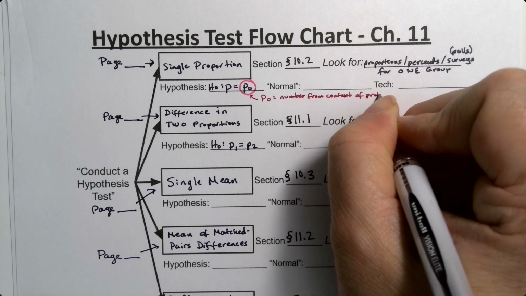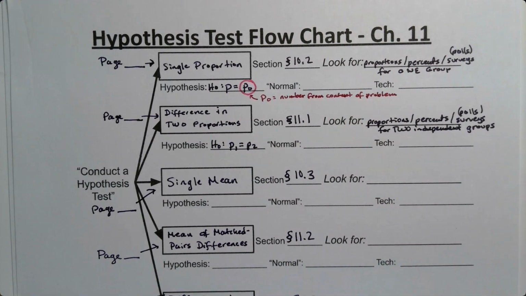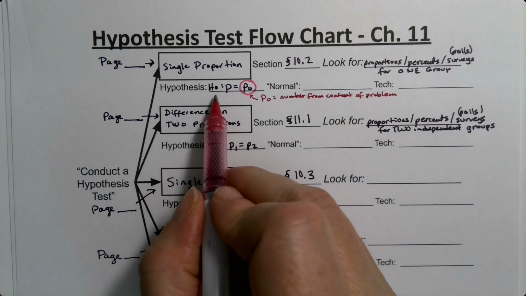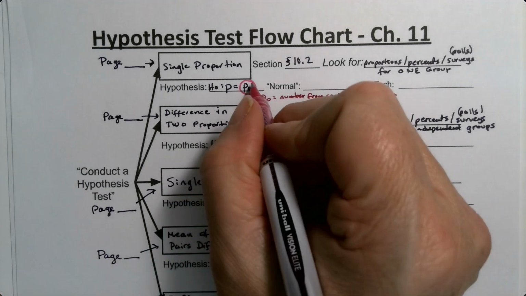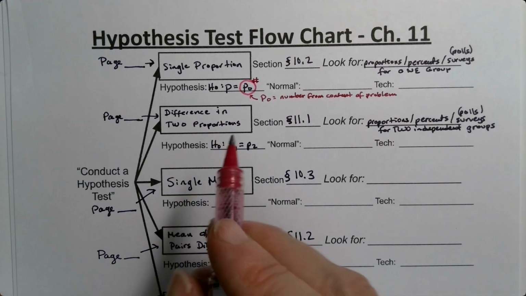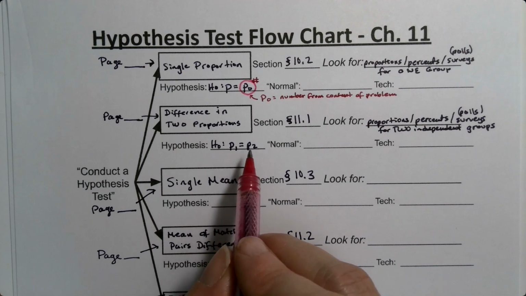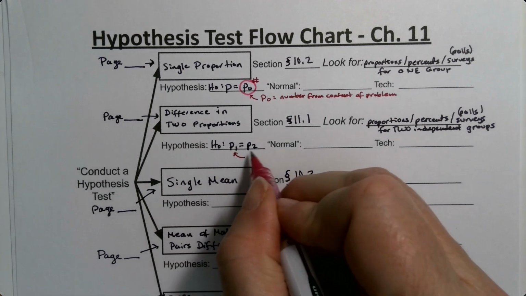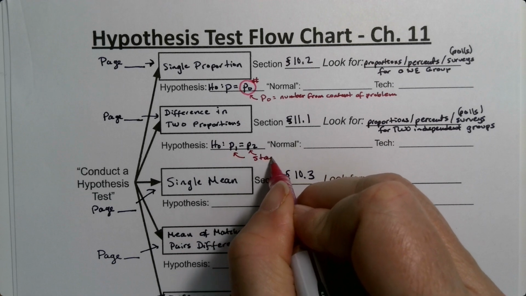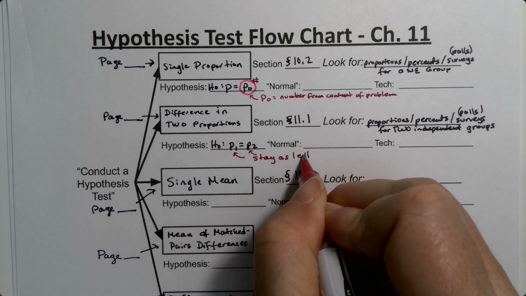A number will be given to you that you have to use. So it'll be P equals some number, right? Whereas down here, they won't be numbers. They'll just be letters, right? P1 and P2 will stay in letter format. Right? No numbers.